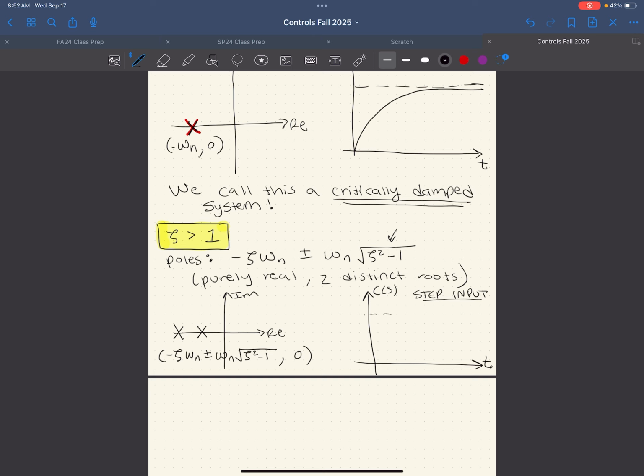All right, and then our step response looks really similar to being critically damped. There's no oscillations, it's just slower. It's slower to reach that final value. So this is slower than being critically damped. And we call this an overdamped system.